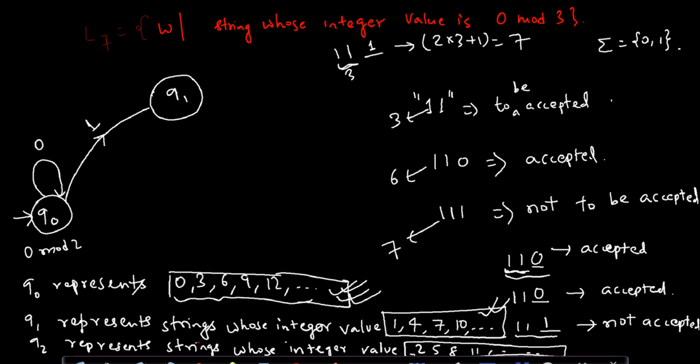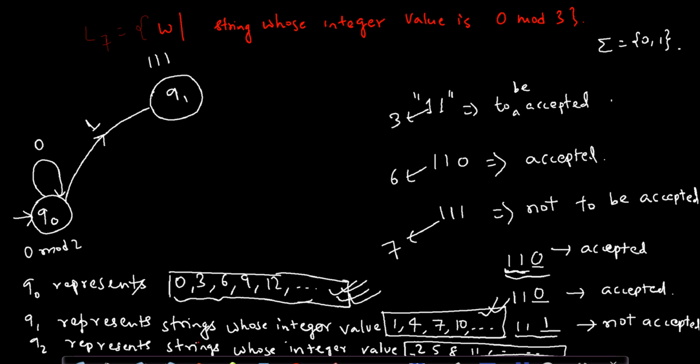Q1 represents all those binary strings whose decimal value belongs to one of these, 1 or 4 or 7 or 10. Let's say it was 7, so the binary string that you have traversed so far was 111.